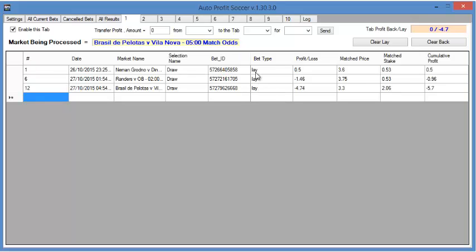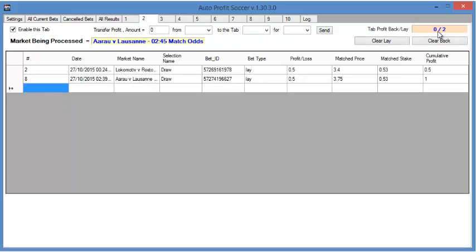It's quite possible to have that happening at the same time. And up here on the left hand side will be your backing profit, and the right hand side is your laying profit. Okay, so here you can see we've got no profit on backing and 2 points on the lay.